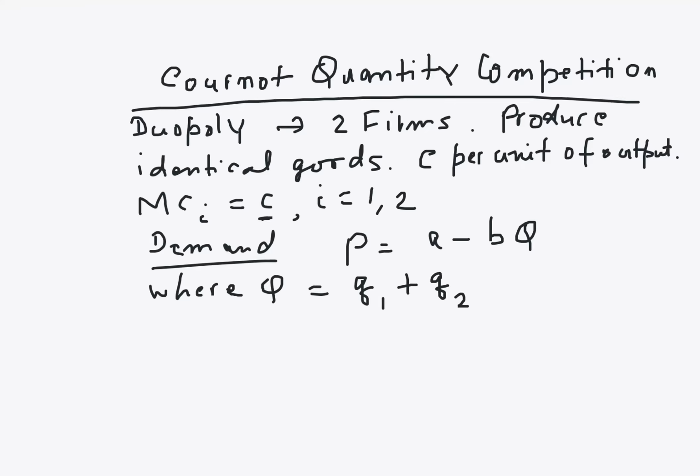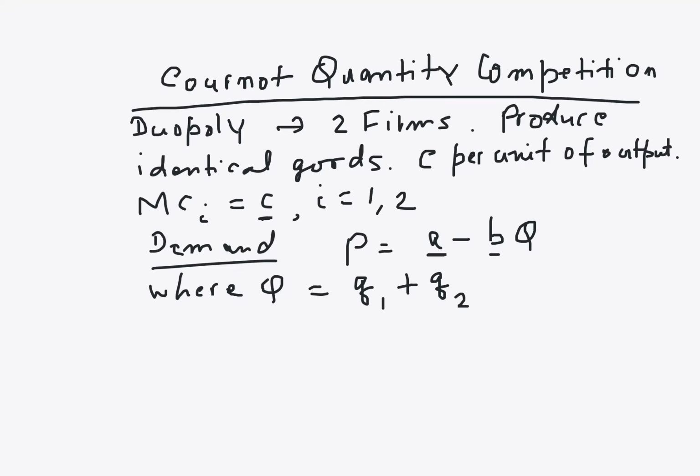So that's your industry output Q, the sum of the two outputs produced by firms 1 and 2. And A is a price that's high enough where quantity is 0, right? And B is the slope of the demand curve. It has a negative slope here. All right, so this is your standard demand curve.